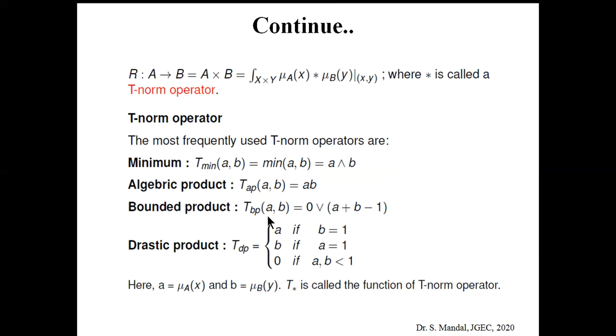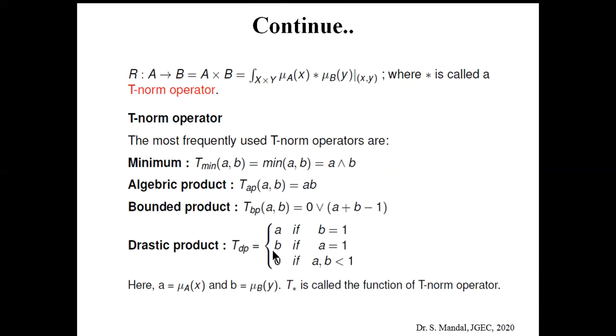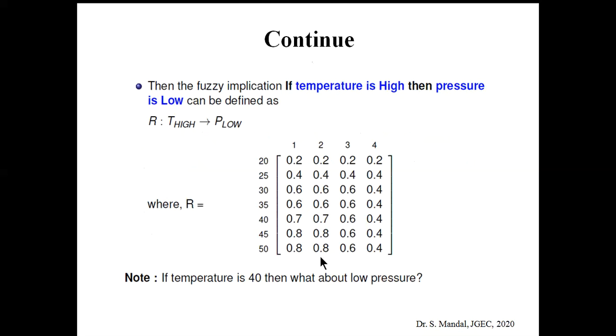You can see that when the temperature is low, pressure is also low. But here you can see that when the temperature is high, pressure is low. Like this way. And when the temperature is high and pressure is high, the certainty between them is 0.5. So if temperature is 40, then what about the low pressure?